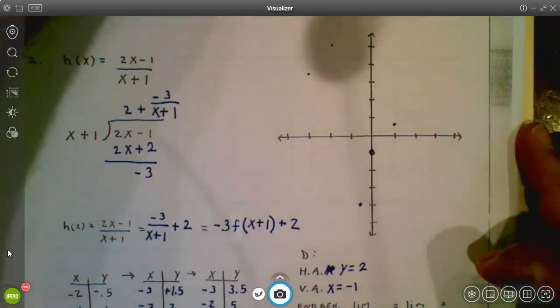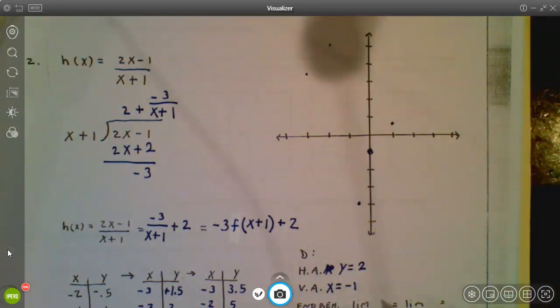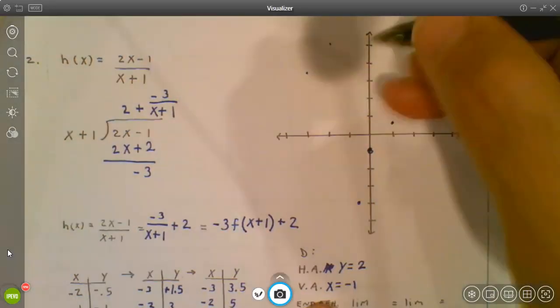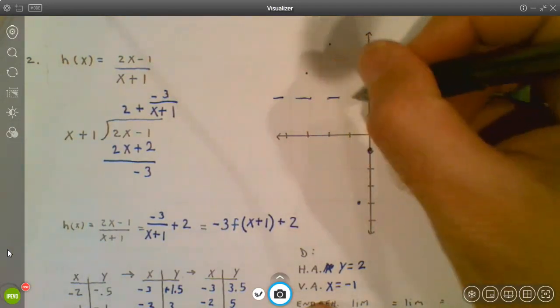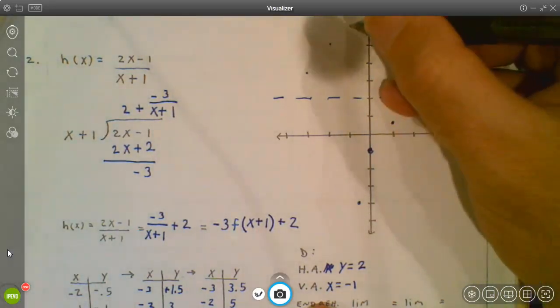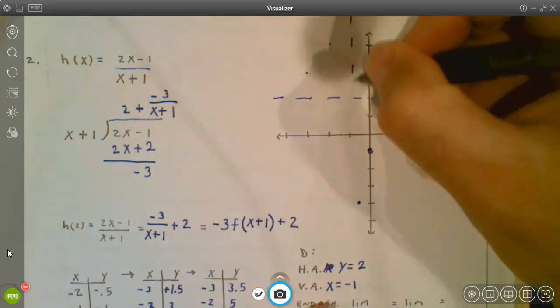All right, so let's take a look at, sorry, it's a little bumpy. So I took those points and I threw them onto the graph. One thing I always like to do before I even try to sketch is keep in mind where your asymptotes are. So at y equals 2, I have an asymptote. And at -1, we got the vertical. Those are going to help us draw a good sketch.